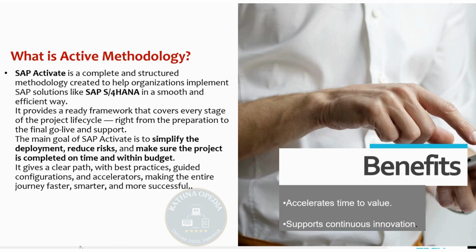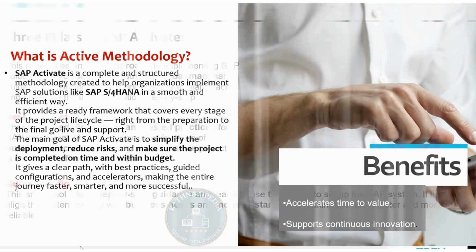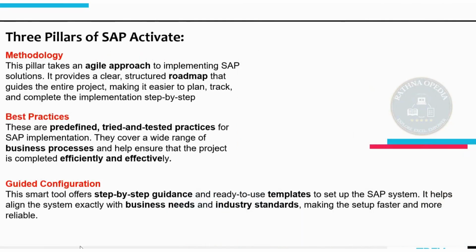That is what Activate methodology is. There are three pillars of the Activate methodology. One is methodology, then best practices, and guided configurations. The methodology pillar takes an agile approach to implementing SAP solutions, which makes it faster.